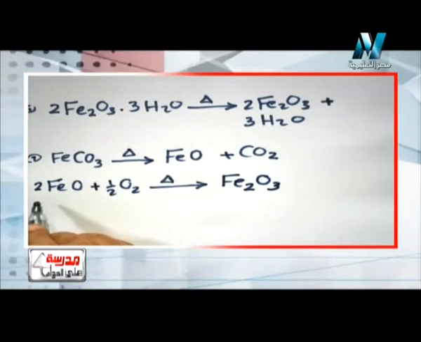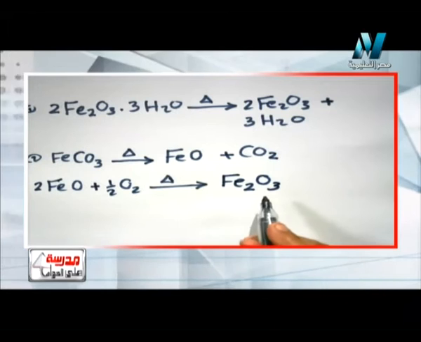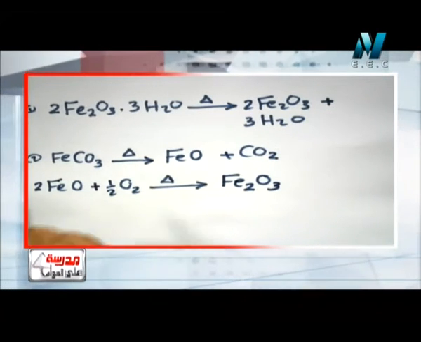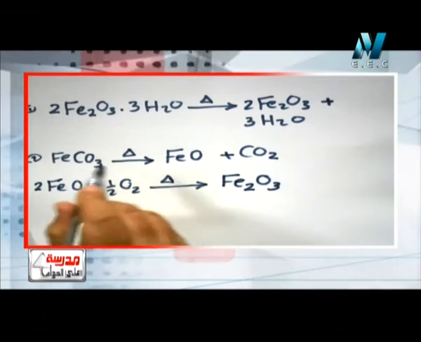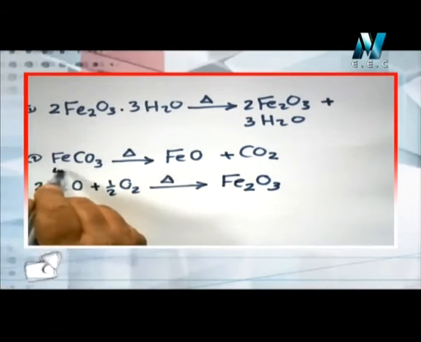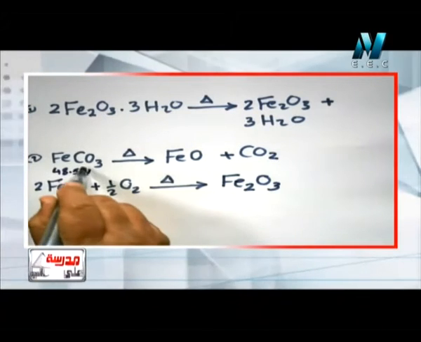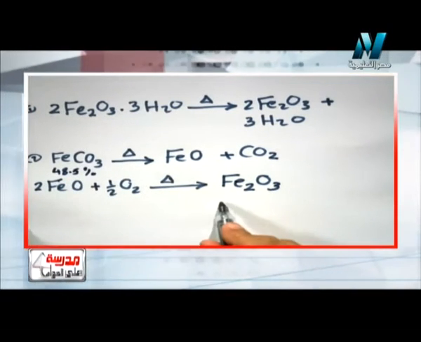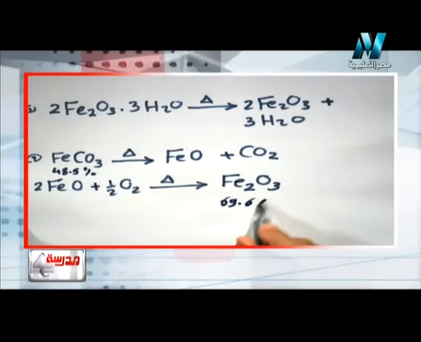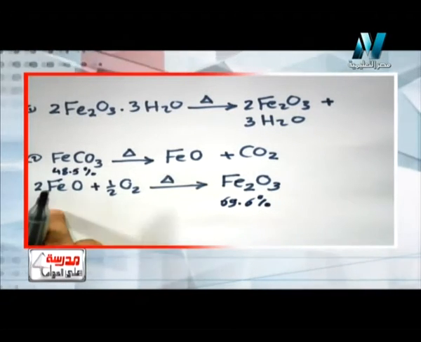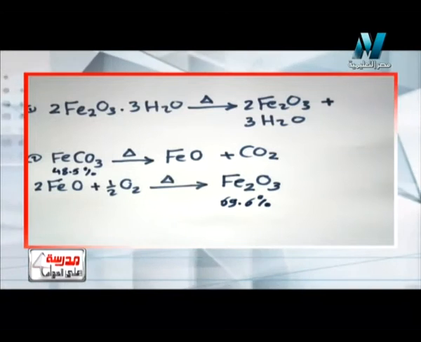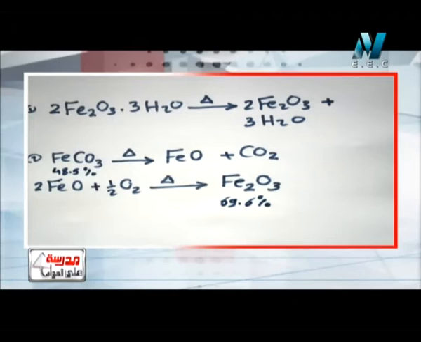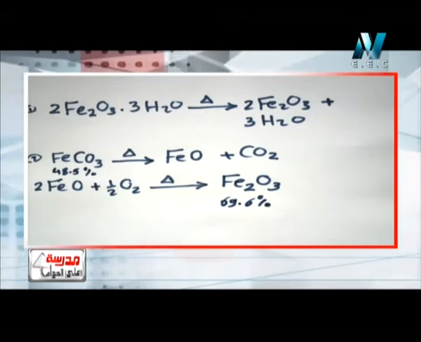Iron 2 oxide is oxidized to iron 3 oxide by strongly heating in the air. The percentage of iron in FeCO3 is 48.5%, while in Fe2O3 it is 69.6%. Here we increase the percentage of the iron from 48.5 to about 70%.